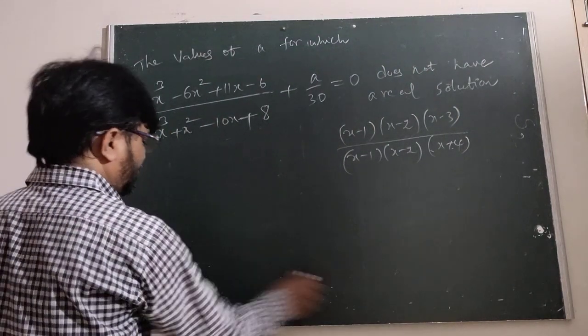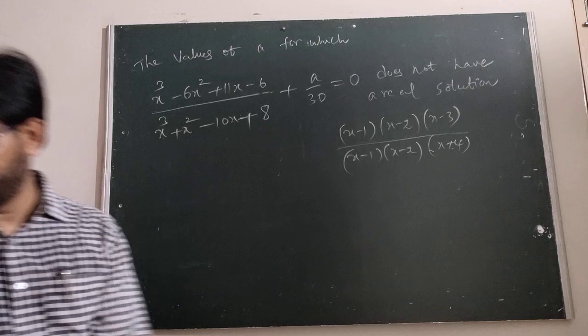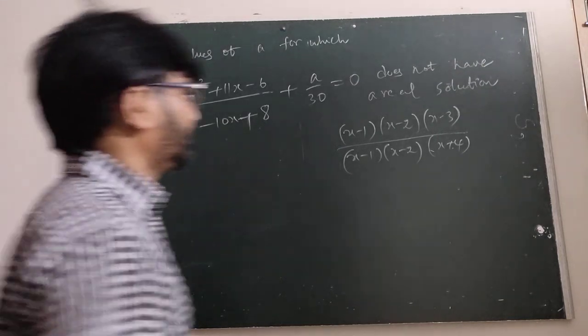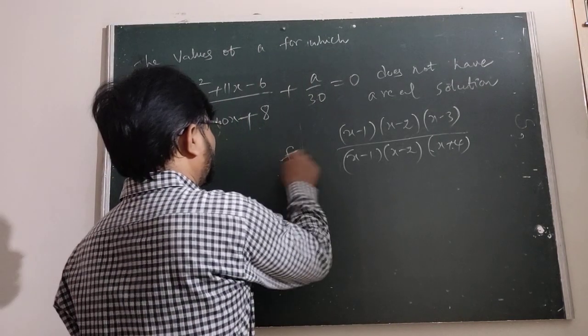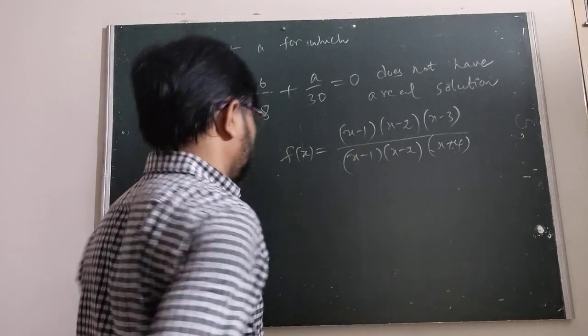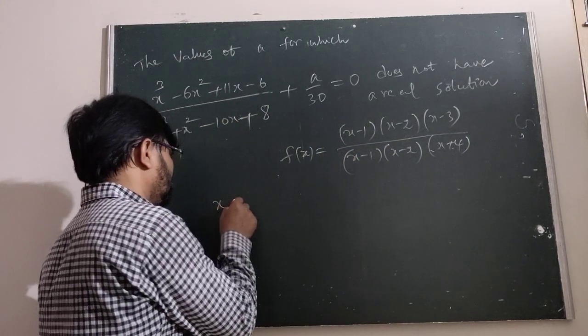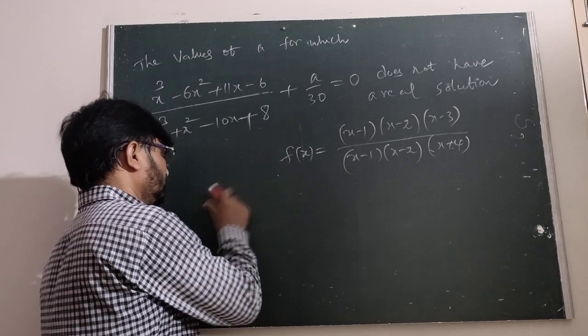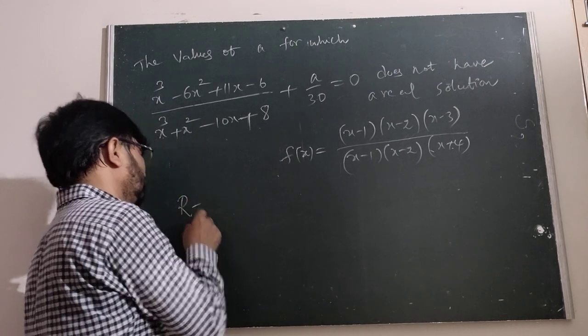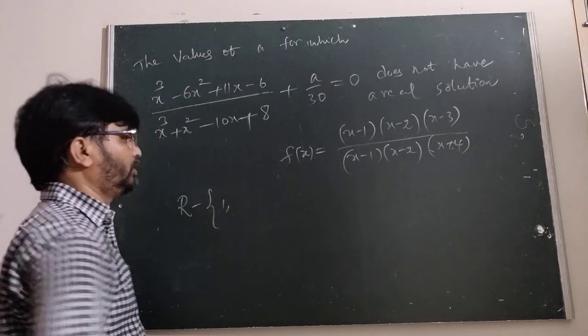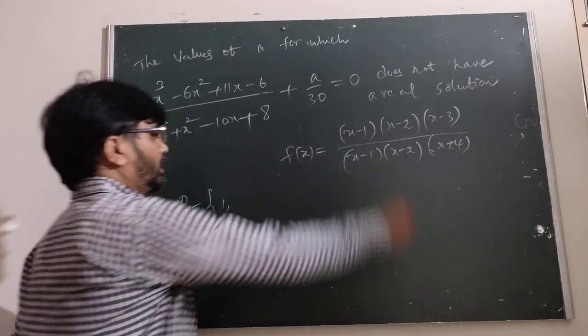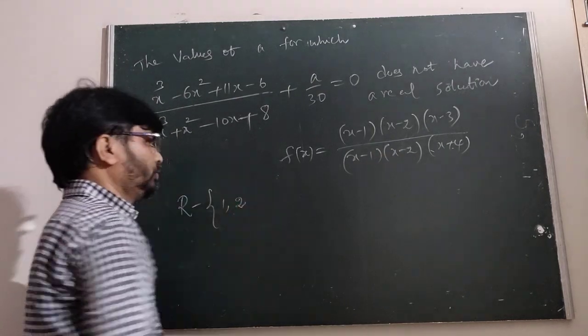Now we are thinking here, the given equation does not have a real solution. Therefore, f of x is not defined at x equal to 1 and x equal to 2.